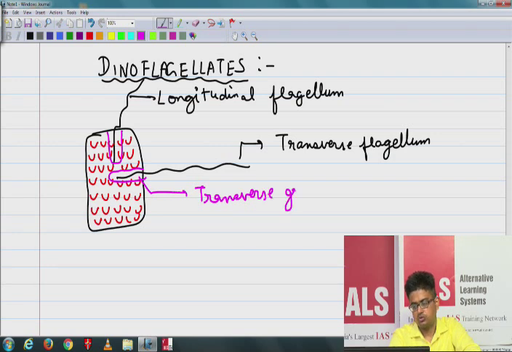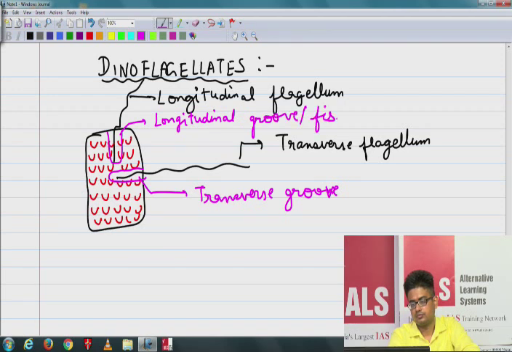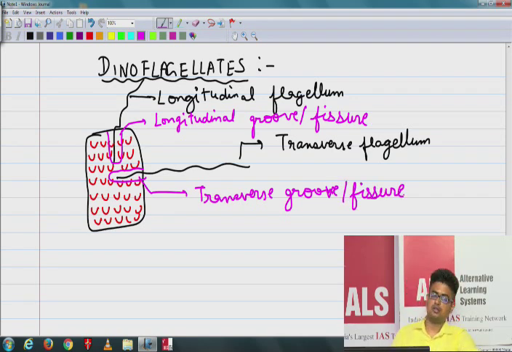This is the transverse groove and this is the longitudinal fissure or longitudinal groove. Now, what are these cell plates?